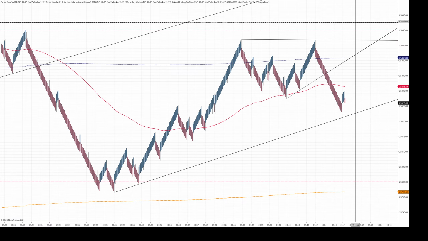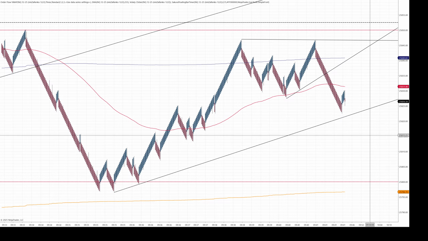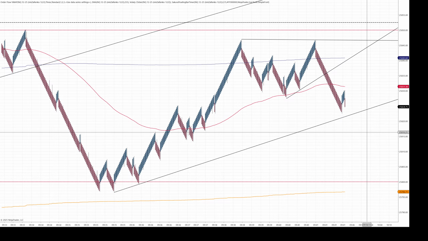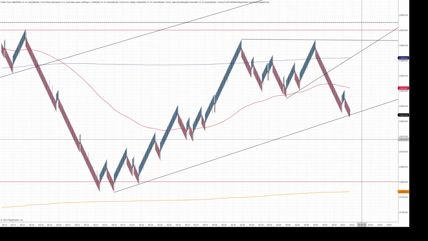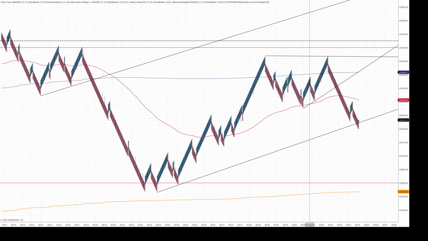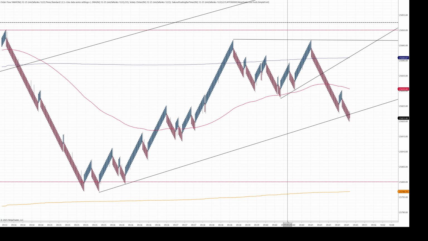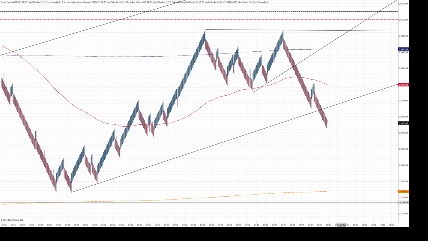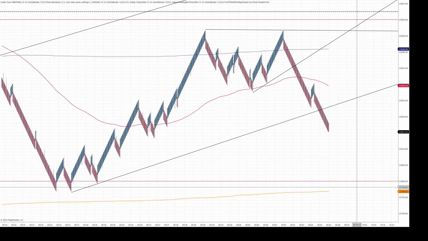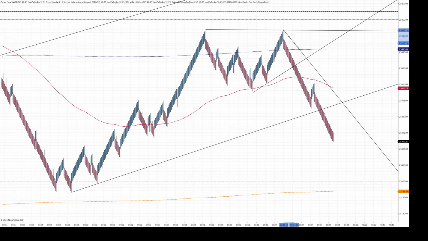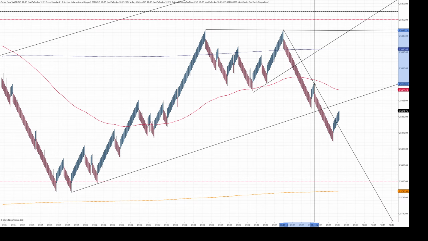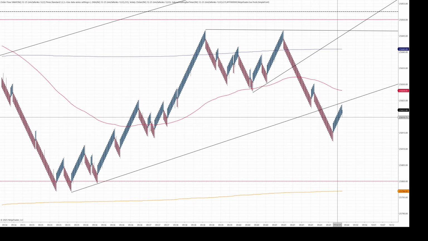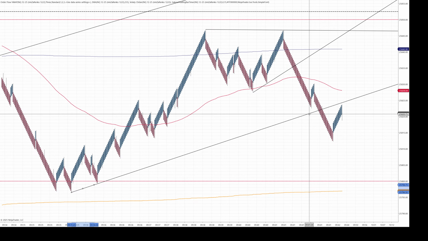You'd have to get above all these lines to take a bullish trade. We might be making our way back down to 800 again. So we have this very steep line that just got broken right there. We can delete this line.